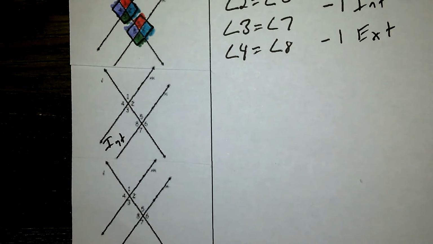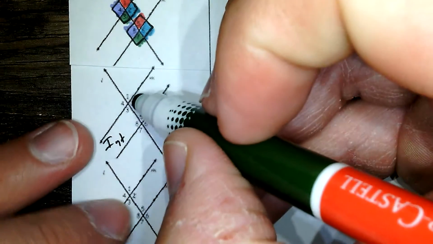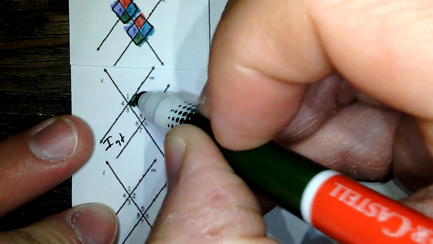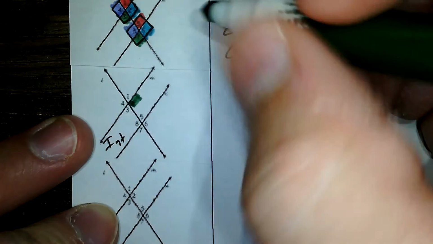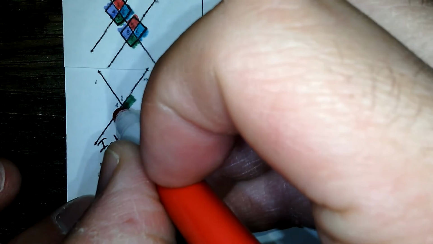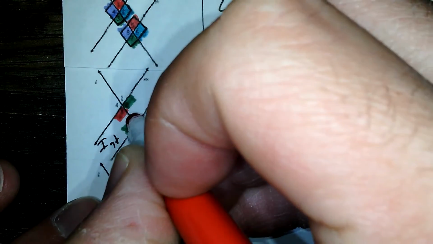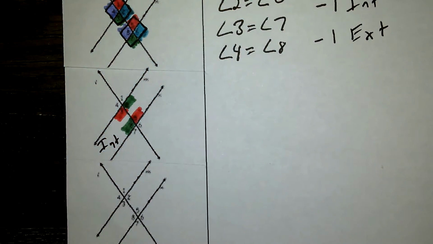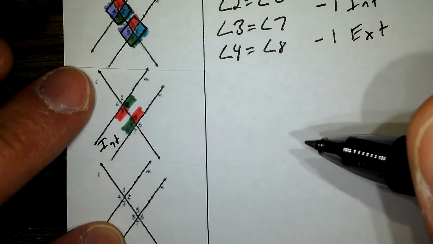Okay. So if I take a look at angle 2, the alternate interior angle to angle 2 would be angle 8. And if I look at angle 3, the alternate interior angle to angle 3 would be angle 5. Now these angles are going to be considered congruent.